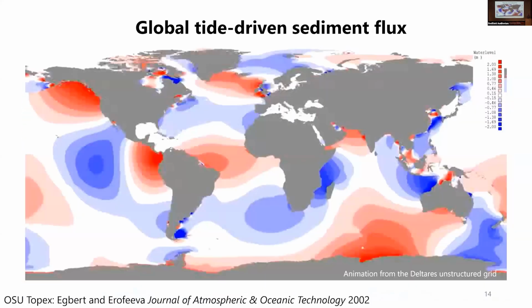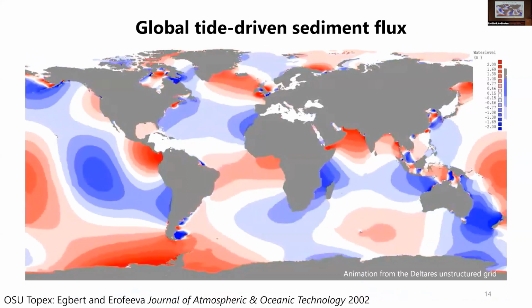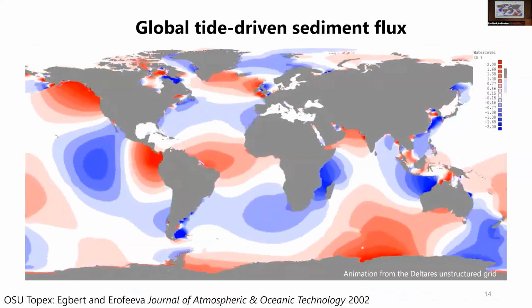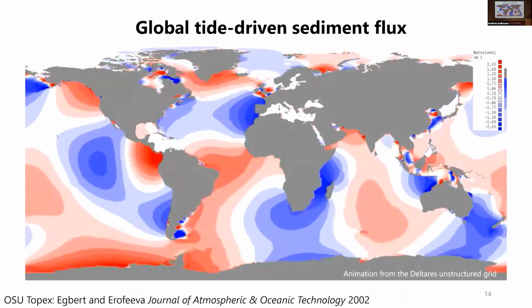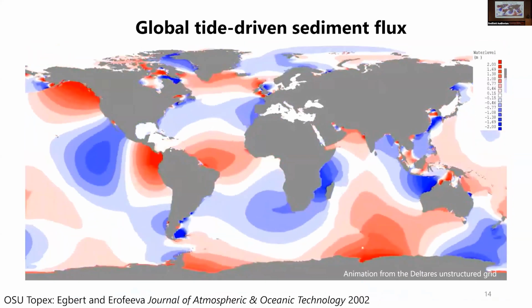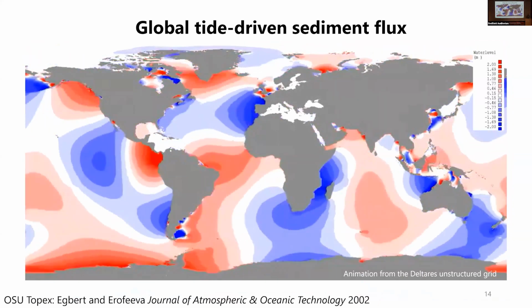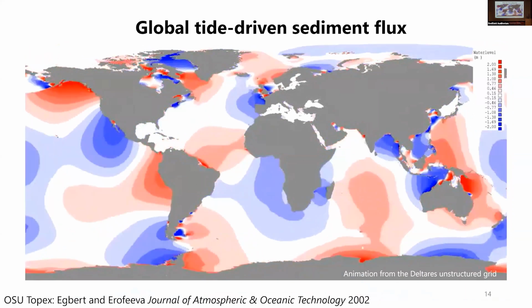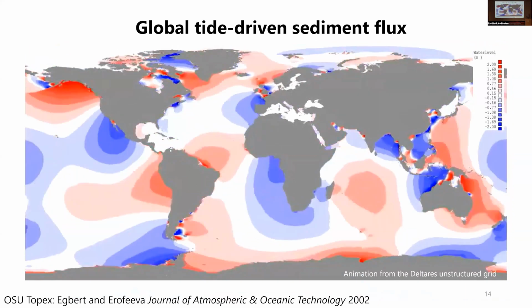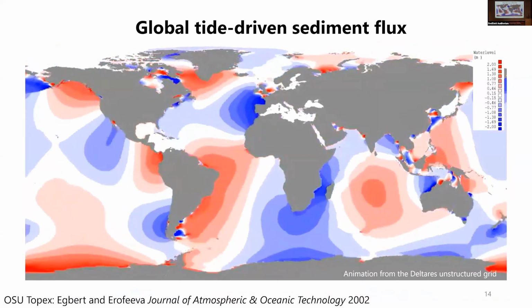We get tidal information from tidal products like the OSU TOPEX model, where we know for each of these river mouths and deltas what the tidal amplitudes and tidal constituents are. So we can estimate this global tide-driven sediment flux in and out of the river mouth.